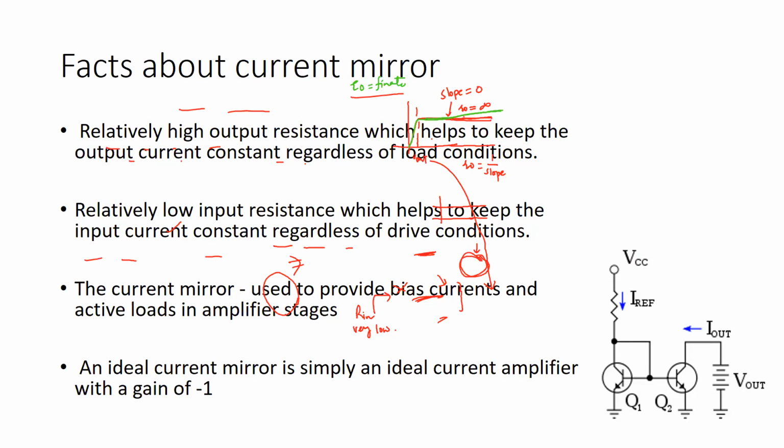For example, you have the differential amplifier. These are your input transistors, let's say Q1 and Q2.